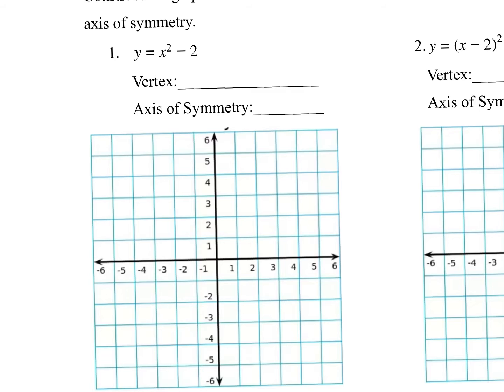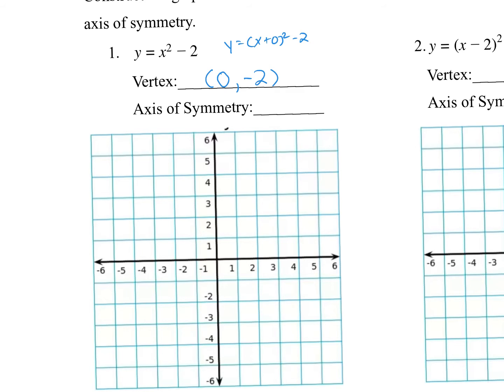Remember, y equals x squared minus 2 is the same thing as saying, in vertex form, y equals x plus 0 squared minus 2. Our vertex form is y equals x minus h squared plus k, h and k being the vertex. So here our vertex is 0, comma, negative 2.